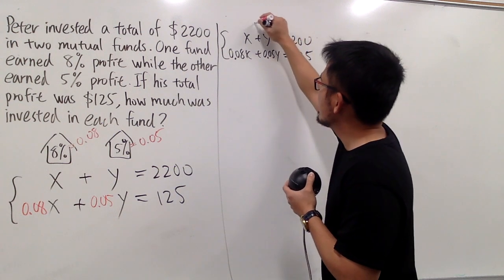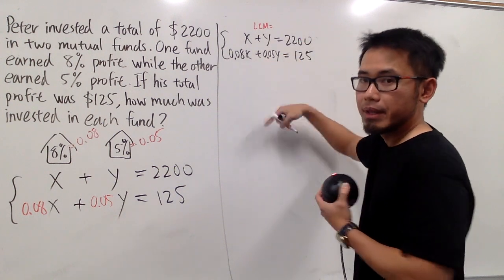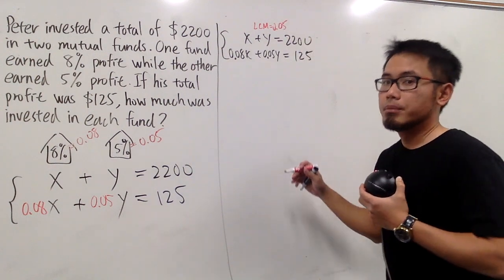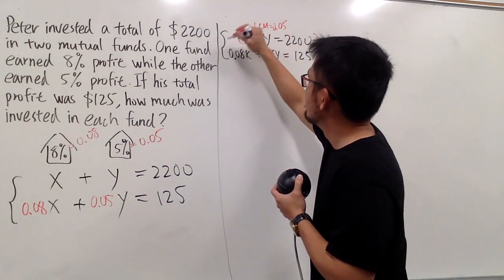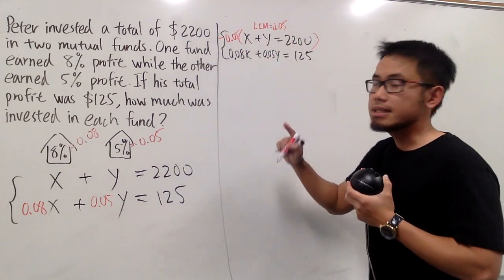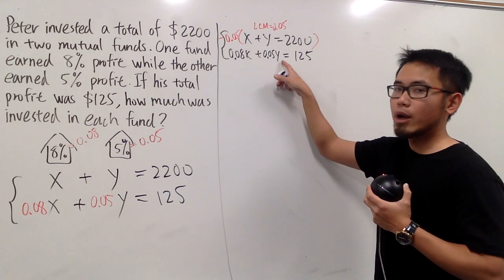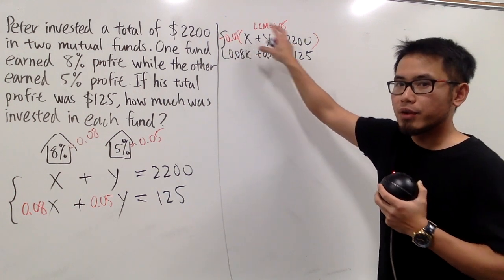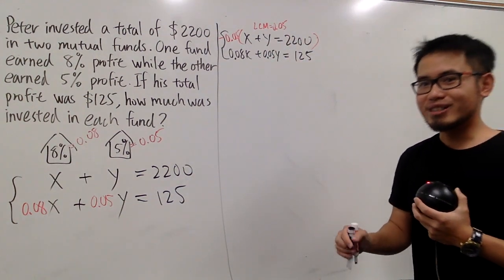So let me just say, hey, the lowest common multiple of 1 and 0.05. In this sense, we want to get 0.05. Because now I can just tell you, let's multiply the top equation by negative 0.05. Because this right here is positive 0.05Y already. I want to produce negative 0.05Y from the first equation, so that when I add them up, the Y's will be canceled out.